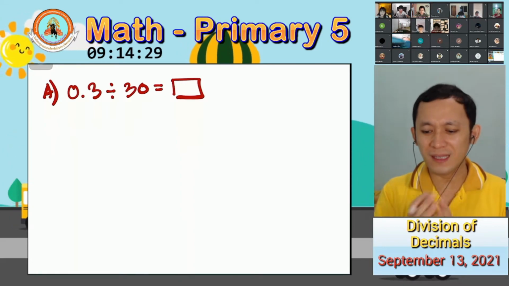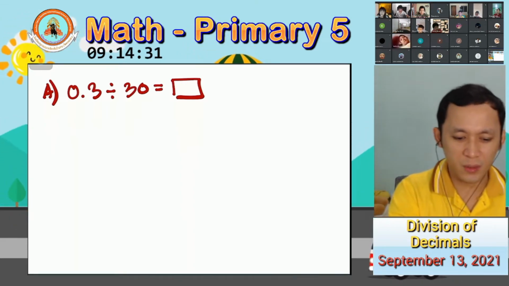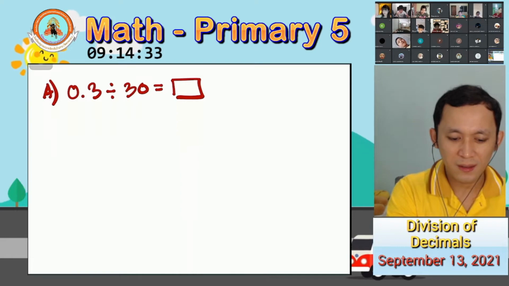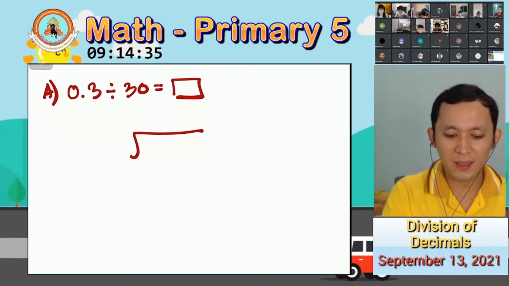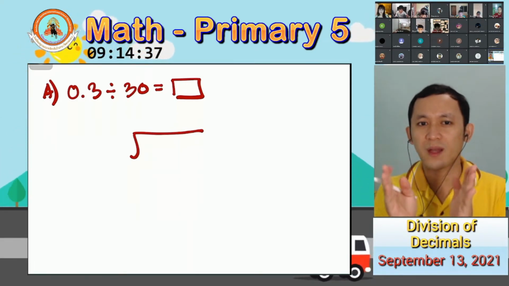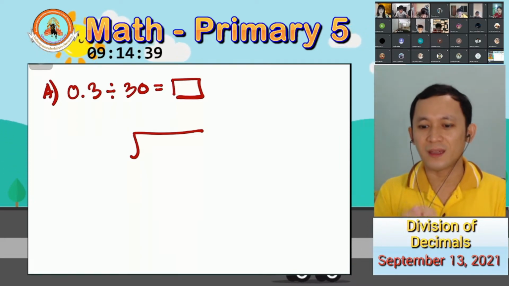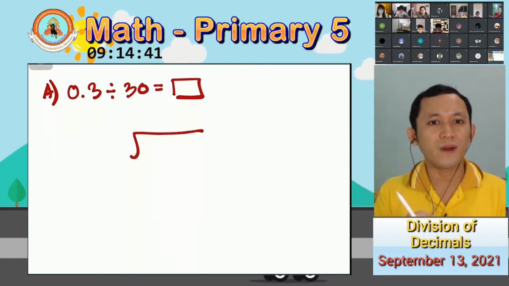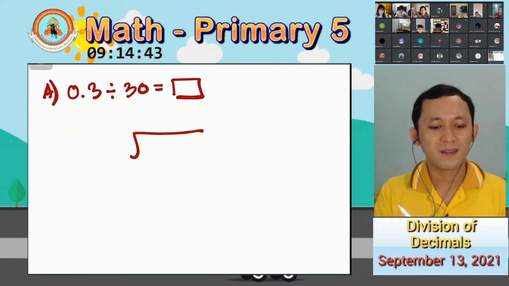Okay, so which one do we write inside? The dividend or the divisor? Dividend.